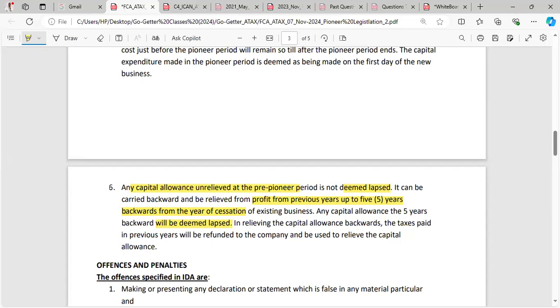It's just an exchange. They will make an adjustment in the entry, and your capital allowances will be recalculated for the past 5 years just before the cessation period. And if you cannot relieve it, then it will be reset to zero, meaning that you cannot claim all your capital allowances.